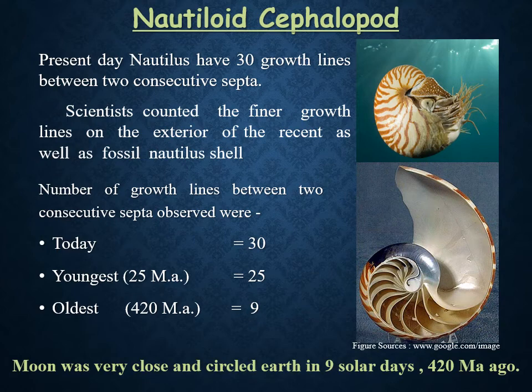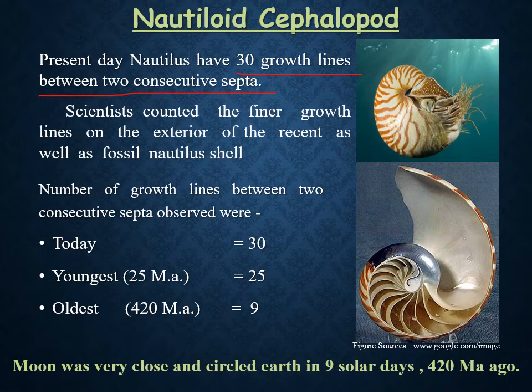Now, if we study present day nautiloid shells, they have 30 growth lines between two consecutive septa. Scientists studied the nautiloid shells throughout time, because we all know that nautiloid is a long-ranging organism.